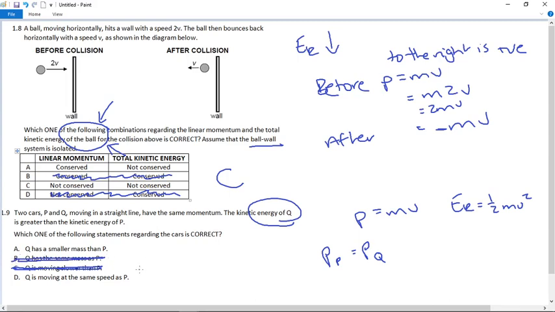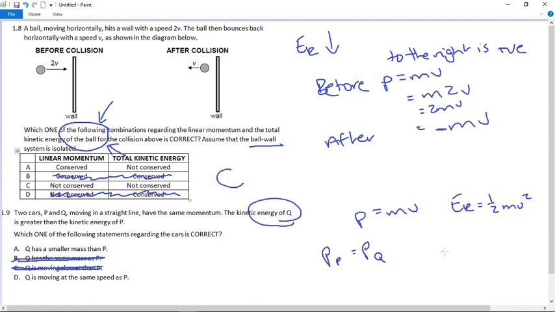Now, if Q was moving at the same speed as P, this is not likely to give us the correct answer, because the energy is changing by the v squared. If we look here, P equals mv.